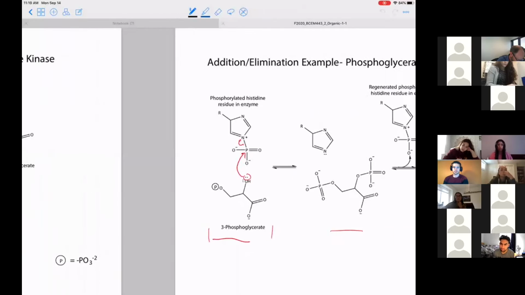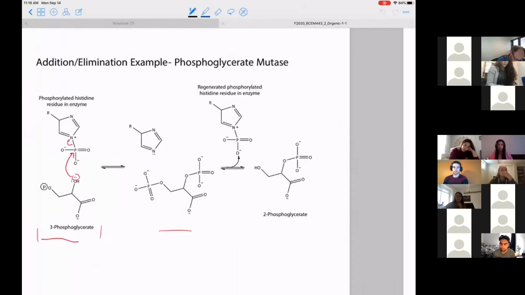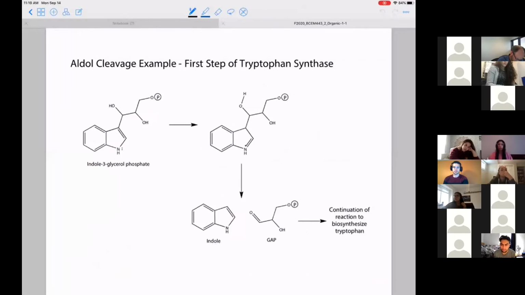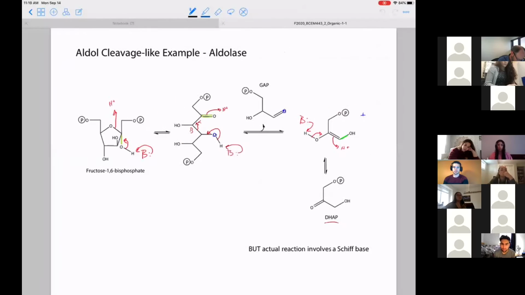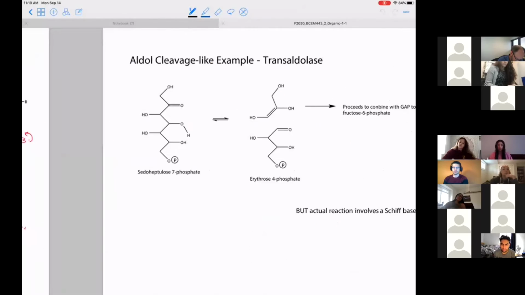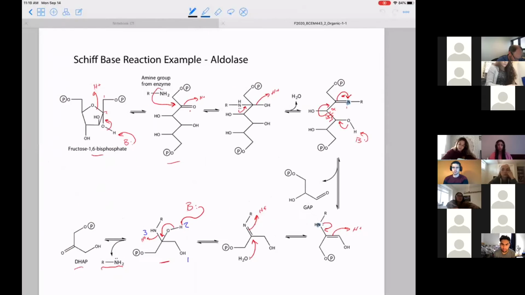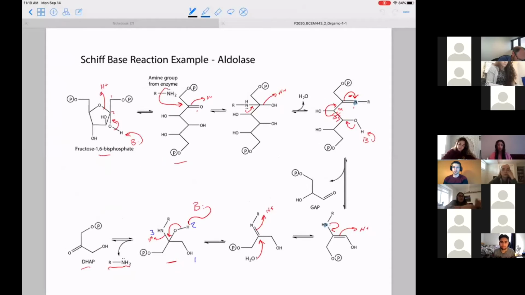Where's our aldolase example? We did this addition elimination. This is nice. Oh, here it is. Great. So in this particular case, we can just take this one right here. Let me erase our errors from before.